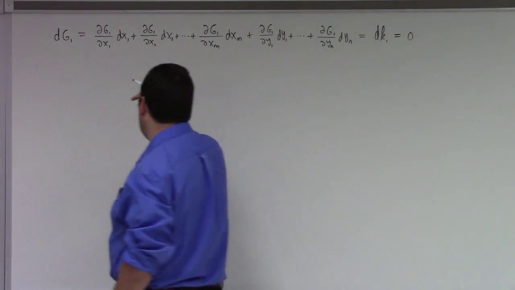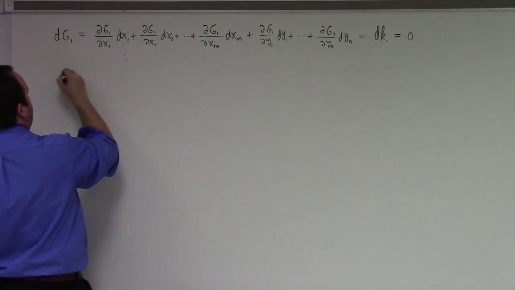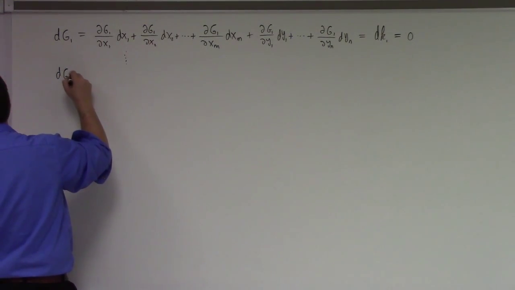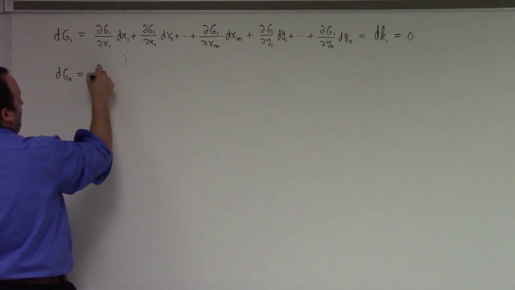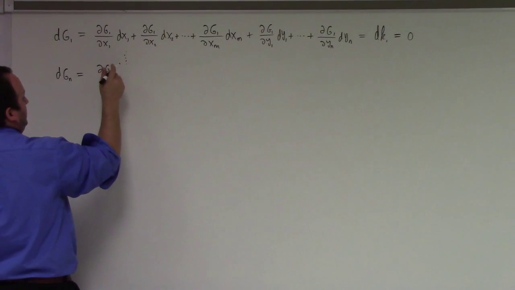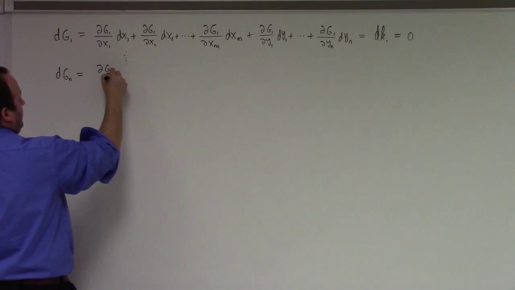And likewise, I won't do dg2, I'll just write down dgn, same song and dance, but replace 1 with n.